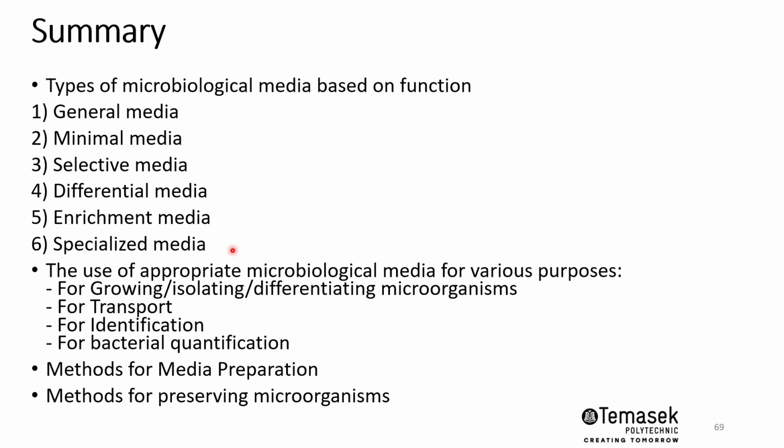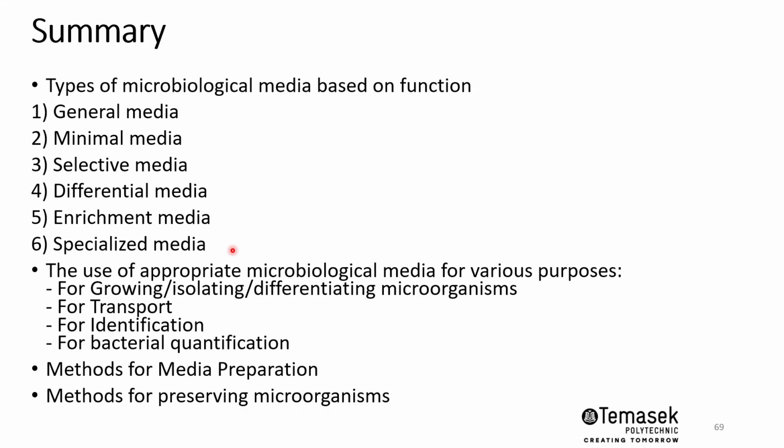Different microbes utilize different carbohydrates and hence lead to different color changes due to the production of either acid or alkaline, changing the pH of the media. One good example of this is your MacConkey agar.